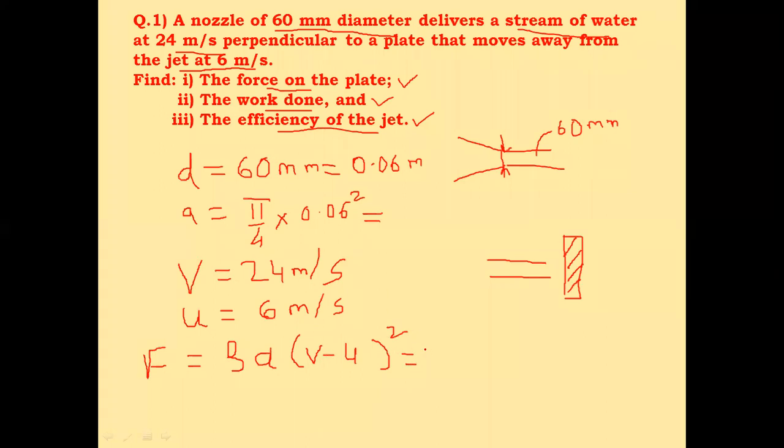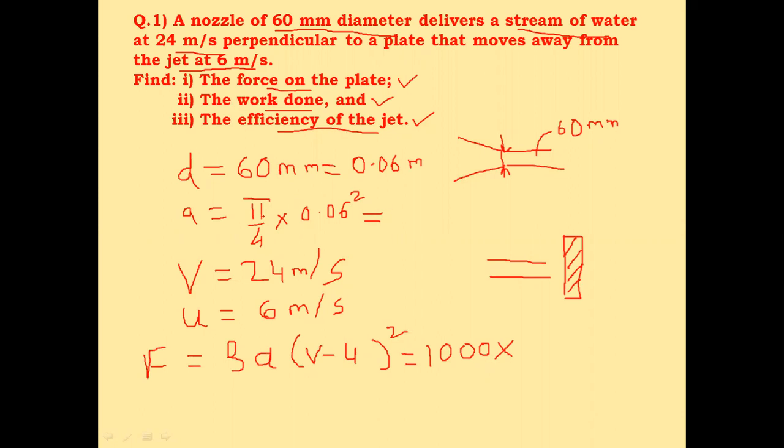So rho, density, is 1000 kg per meter cube. Area, what is the area of the jet? Pi by 4 into 0.06 square.